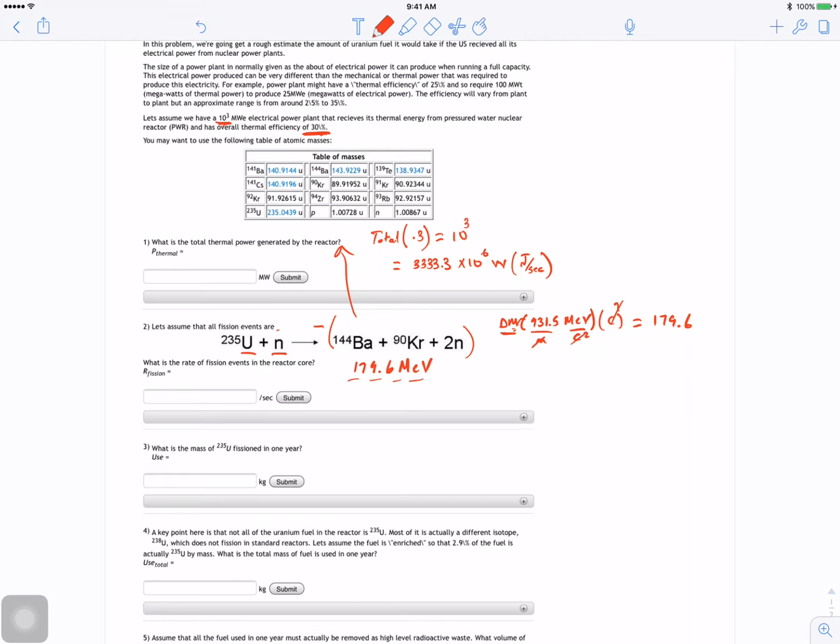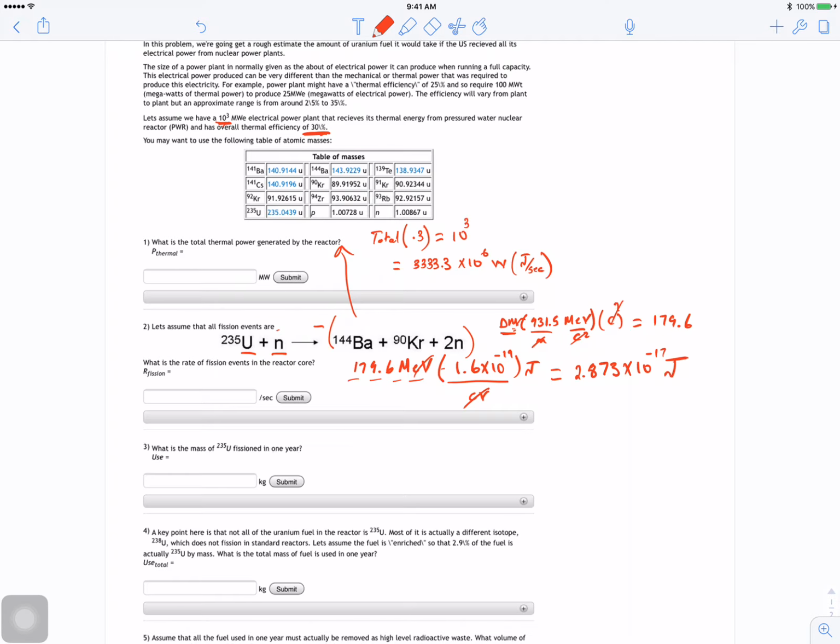For this, I'm going to change it to joules. The way we do that is we multiply it times 1.6 times 10 to the negative 19 joules per electron volt, so we cancel the electron volts, and we get 2.873 times 10 to the negative 17 joules.